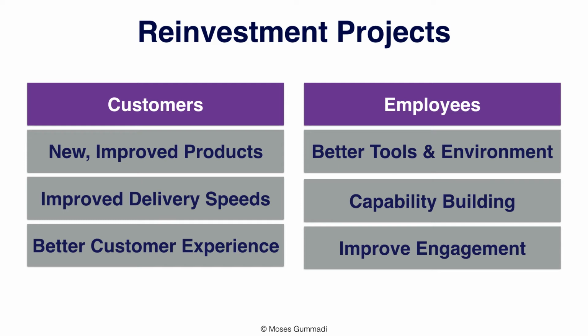Maybe you could drastically change and improve your products. So look at the competition. Improved delivery speeds. Customers like quick delivery, quick shipping, quick service, and of course better customer experience. These are some of the key things that you could put money into to improve the situation and improve your revenue.